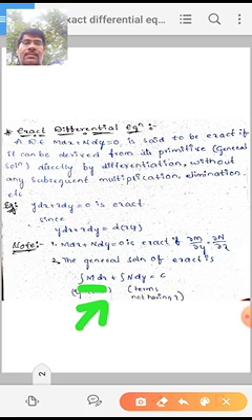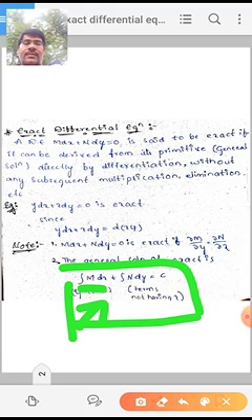The remaining terms you have to integrate with respect to y, equal to c. After integration we get the general solution of M dx plus N dy is equal to 0.